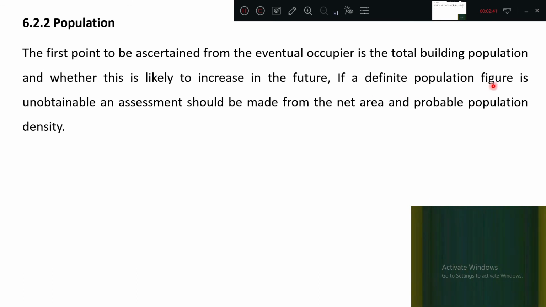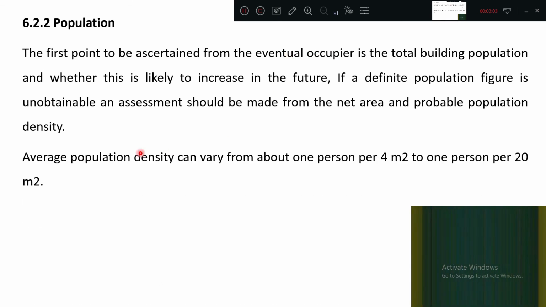If a definite population figure is unobtainable, an assessment should be made from the net area. If the population count is not possible, we can go for area. So then we have standard tables, for this much area you require so many people. Probable population density. These are the terms used to determine the population count.